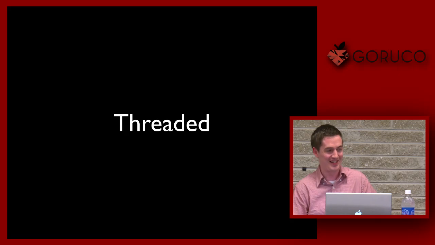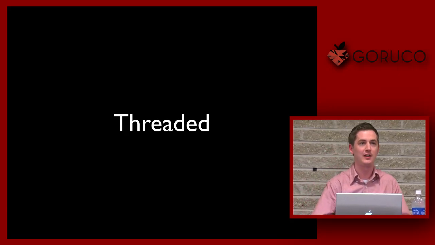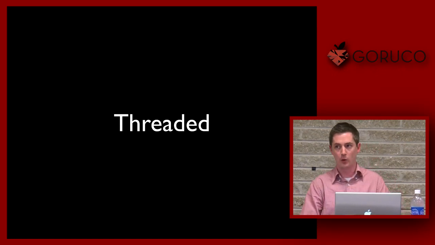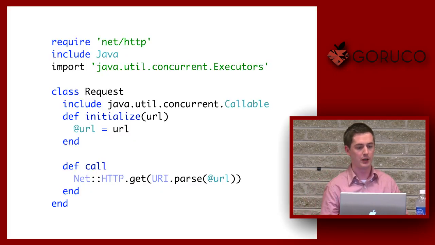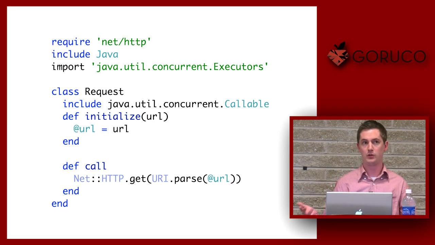So the other method is the threaded method, which I would say is really only a viable option on JRuby, because Ruby 1.8 has green threads, and 1.9 has the global interpreter lock. So with JRuby, what I'd recommend is using some of the stuff in java.util.concurrent.